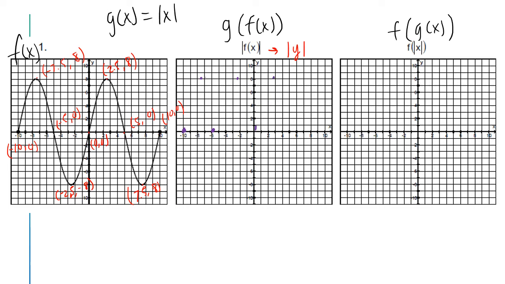Halfway. And then we're at 5, 0. Then we're at 7.5. At 7.5, instead of being negative, it's going to be positive. And then we're at 10, 0. So identifying the points from the current graph makes it easier for me to know what's going to have to become positive. And now I'm just going to connect my dots.